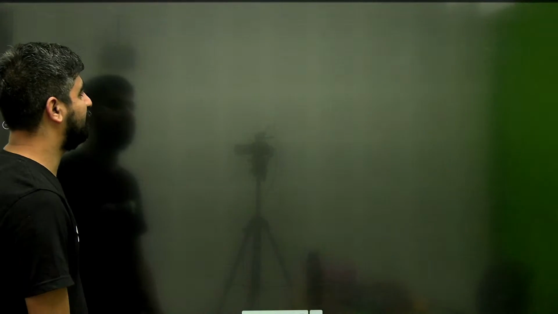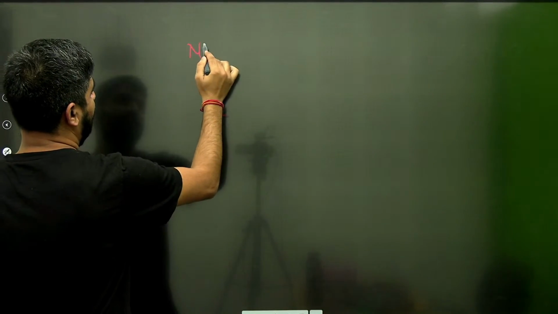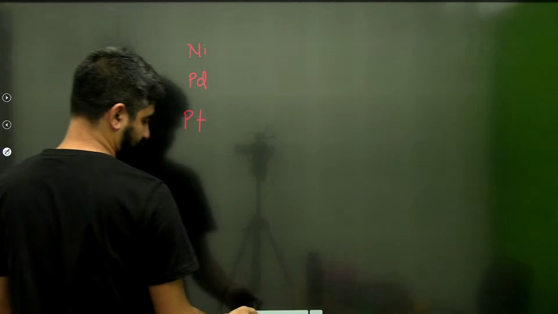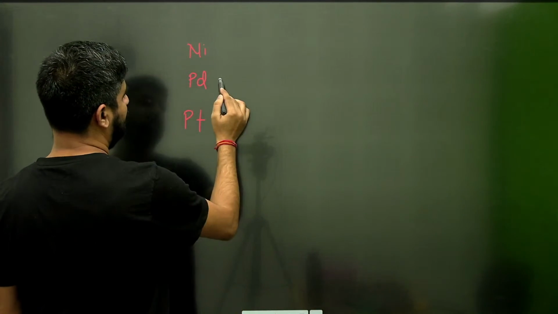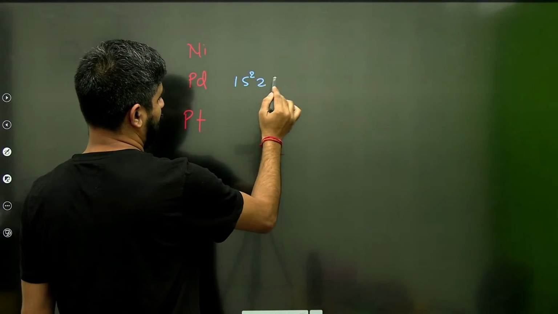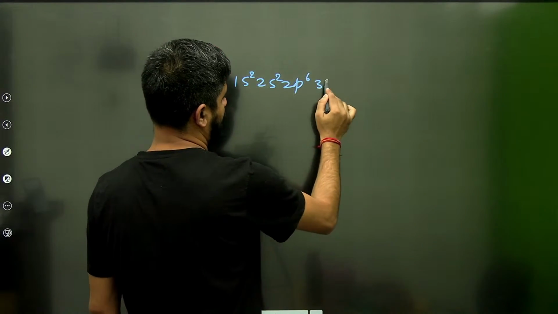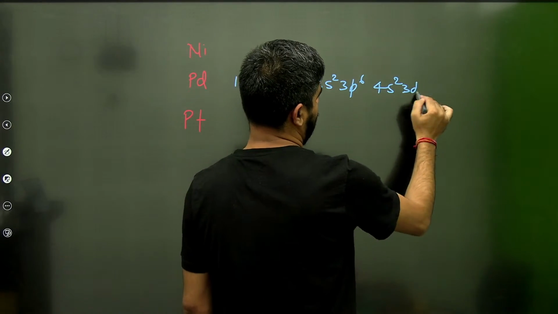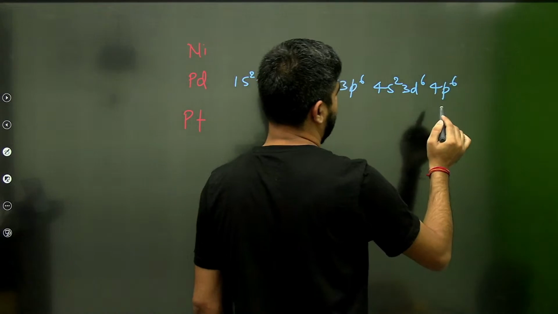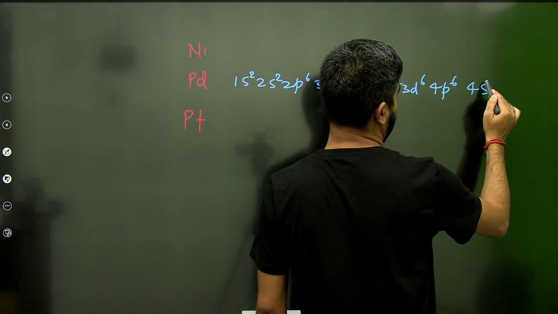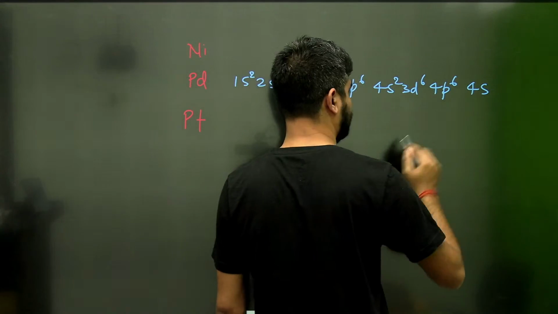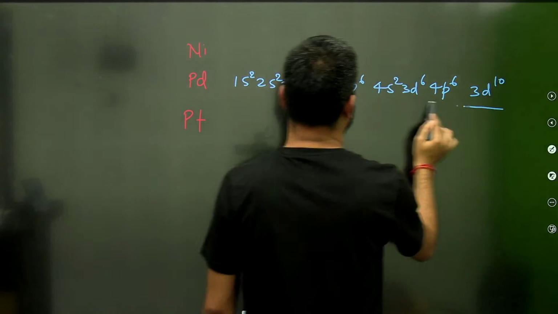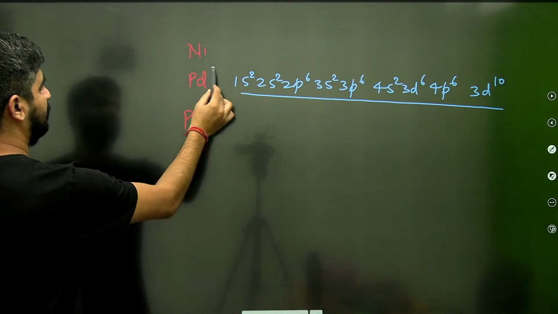So guys, can you tell me the period number for nickel, for Pd, for Pt? So for Pd the configuration is... Tell me the period for Pd.